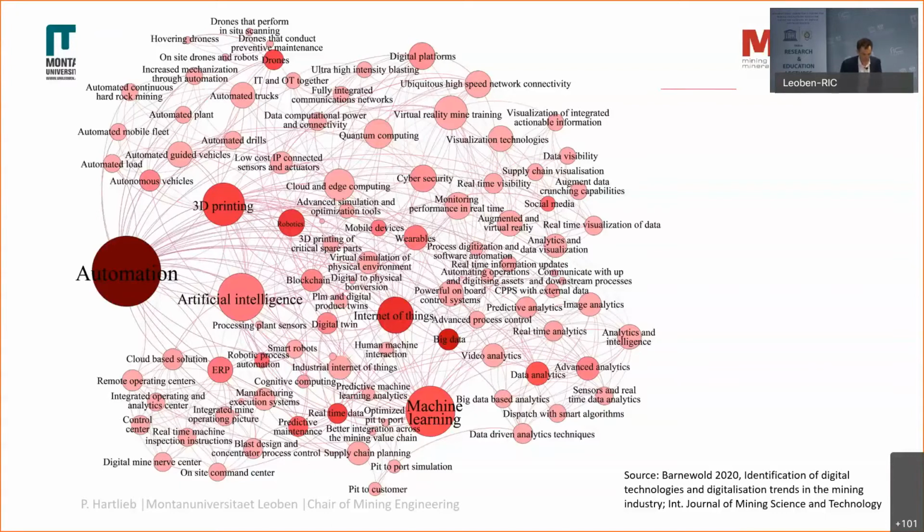So why they do this and why this is important for them. If you take a look at the top side here, you have the virtual reality mine training, you have video analytics, data analytics. There are many important and interesting points, but I think automation is, for many cases, the top goal.